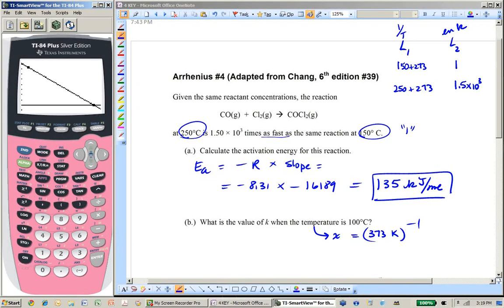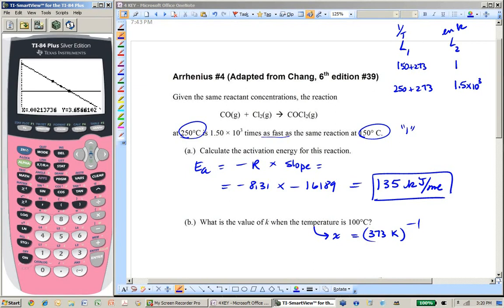Okay, so now I go second trace, and I know what x is. It's 373, but don't forget to take the reciprocal. And I've got to go 2, because I'm way outside my range. My range is smaller, 150, 250. Okay, so zoom 3 to zoom out, enter to make it happen.